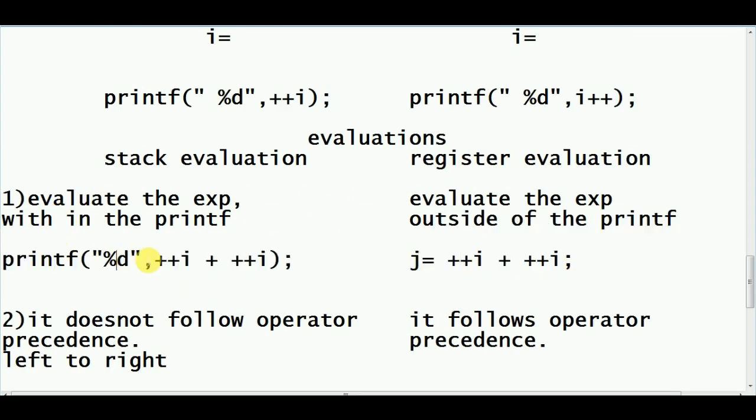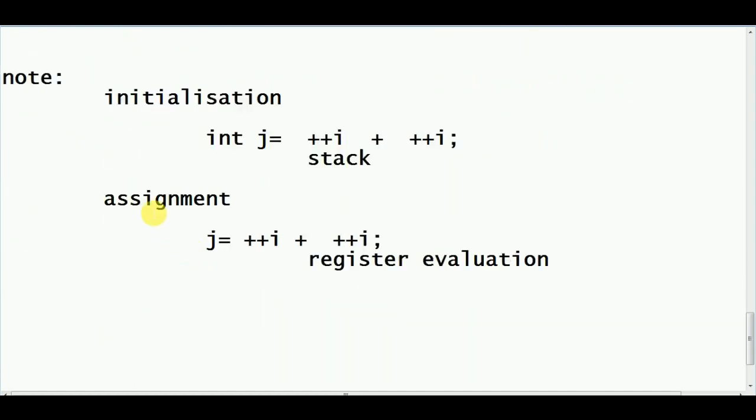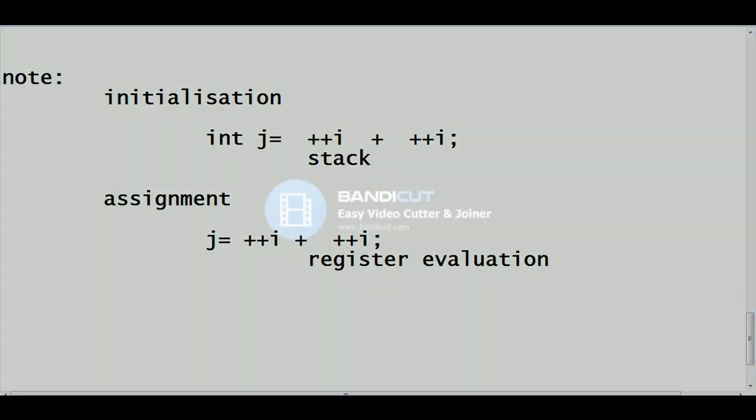What is plus I? Now it is 6. I plus plus in the sense, first it takes the same I value 6, but value will be incremented, that is 7, plus I plus plus, it takes same I value. 6 plus 7, now 12 plus 7, it is 19. So this takes this value.